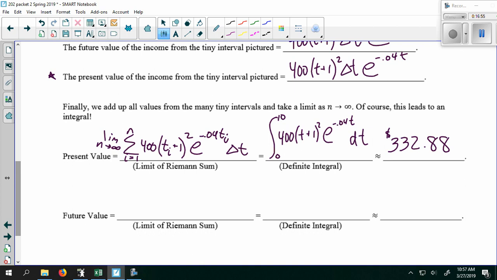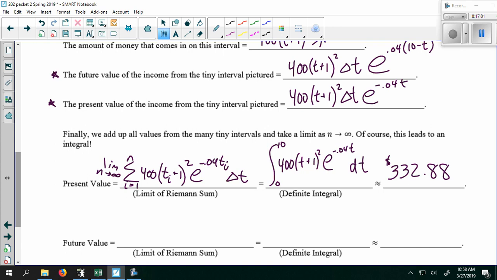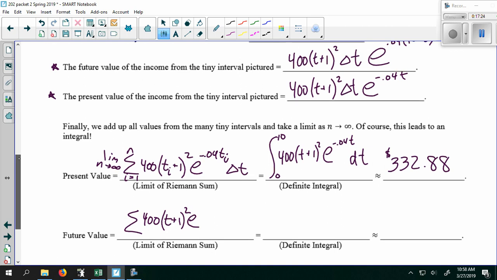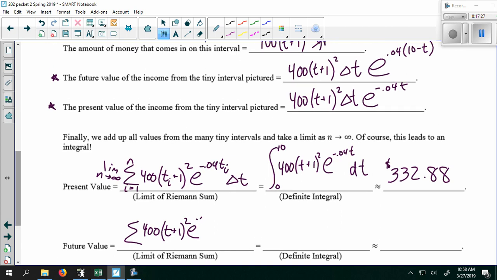All right, let's calculate the future value using my formula for future value here on my single slice. So it's going to be a sum where I add up all these slices. (t plus 1) squared, e to the 0.04 times (10 minus t) delta t.